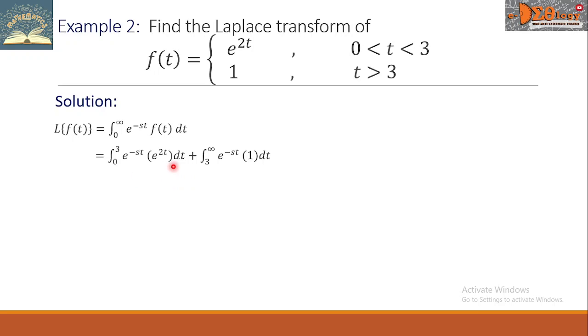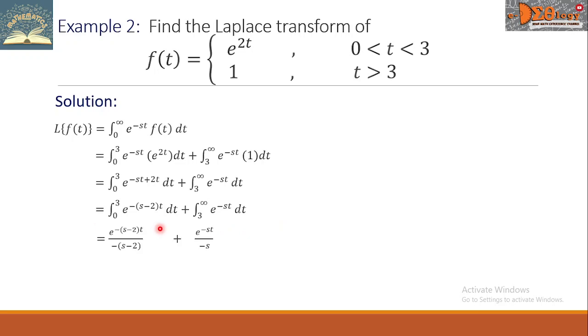For the first integral, we can see that this is e raised to negative st times e raised to 2t, where we can combine together as e raised to negative st plus 2t. We can factor out common terms in the exponential. So we have this negative of s minus 2 times the t. We are now ready to take the integral of each of these.